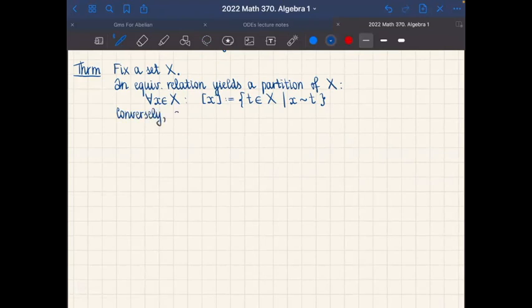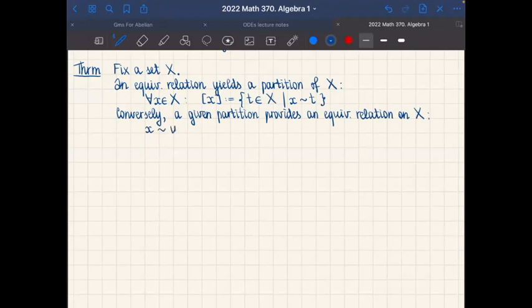Conversely, a given partition provides an equivalence relation on X. And the rule here is that x is equivalent to y whenever they are in the same cell.